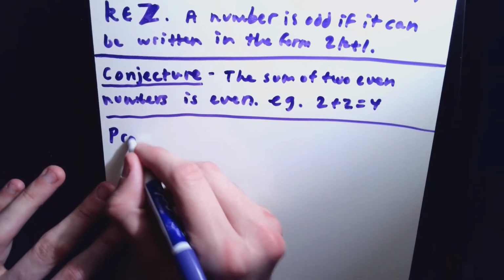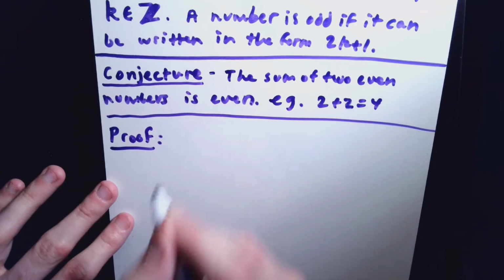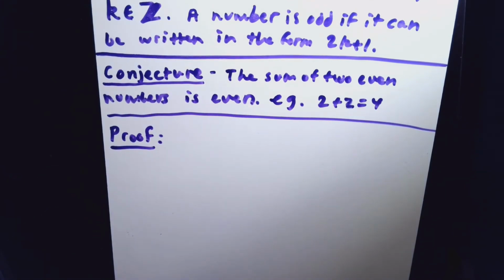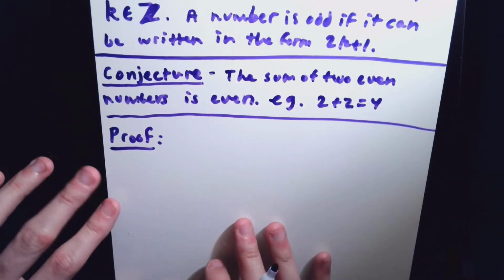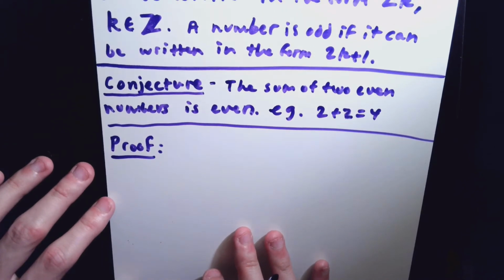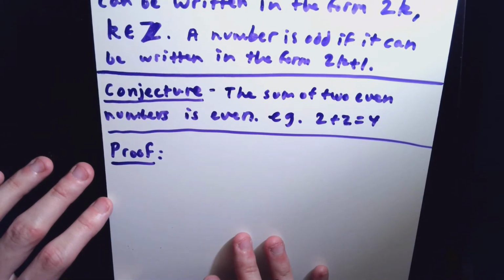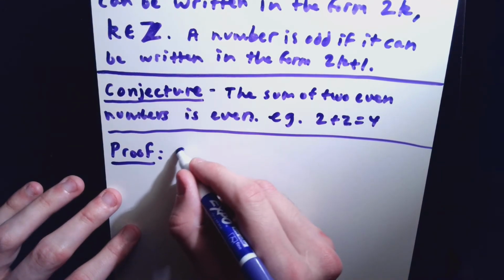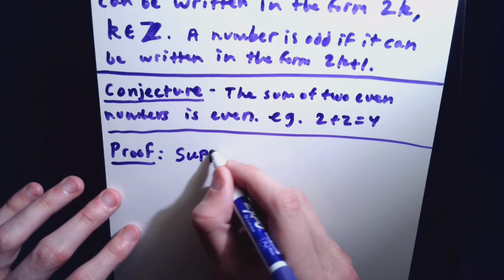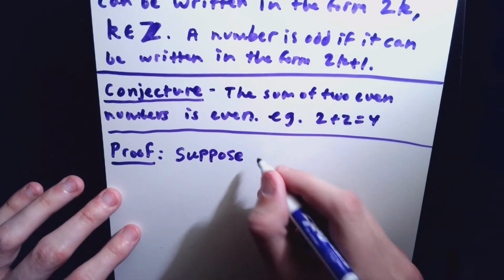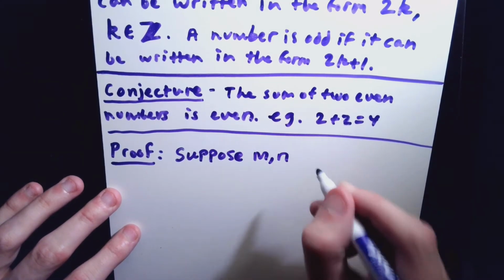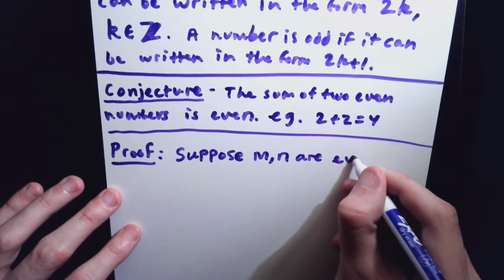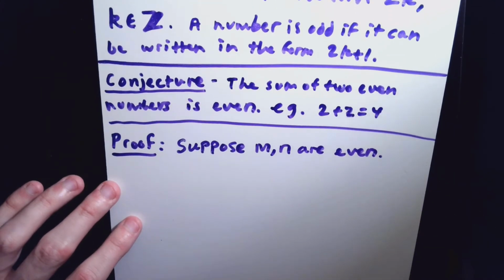So let's write proof. We need to prove it for any two even numbers, which ultimately means we need to take two arbitrary even numbers. So here's what we'll say. Suppose m and n are even. Those are the two even numbers we're taking.